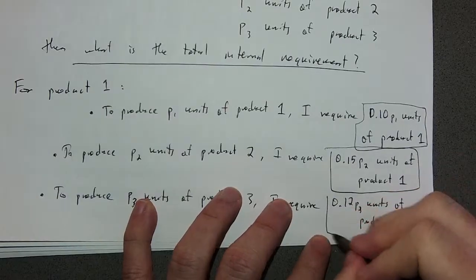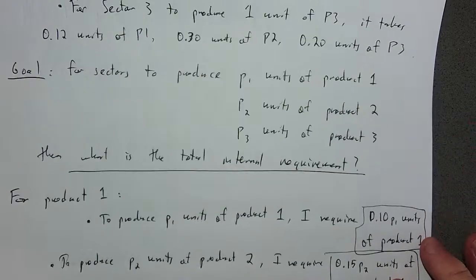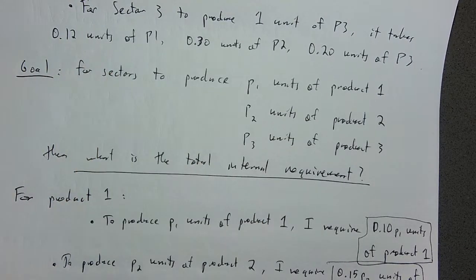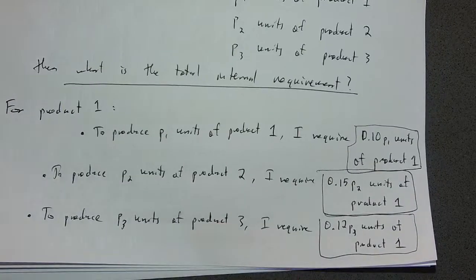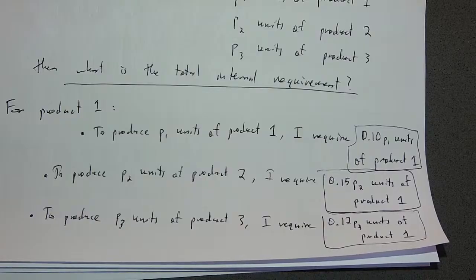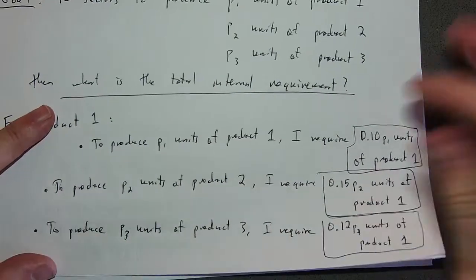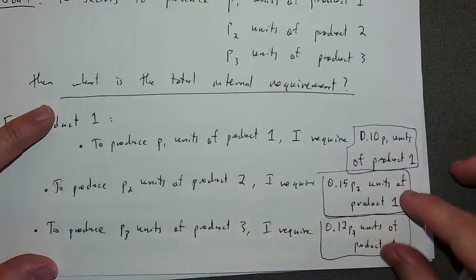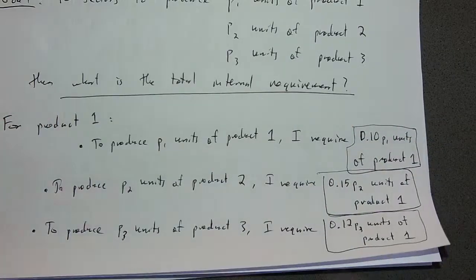This is directly from the page here. Okay. So this is telling me for each amount of the products that I want to make, how much I need of product 1. And in total, the total amount that I need of product 1 to produce the products that I want to make is the sum of these things.